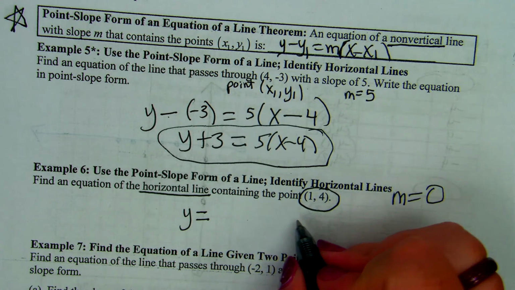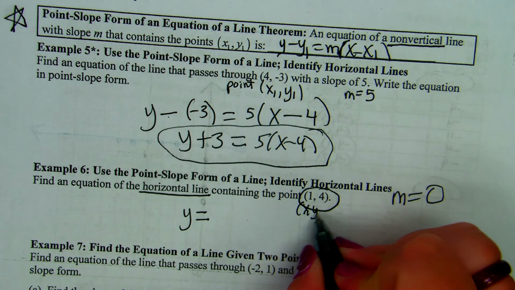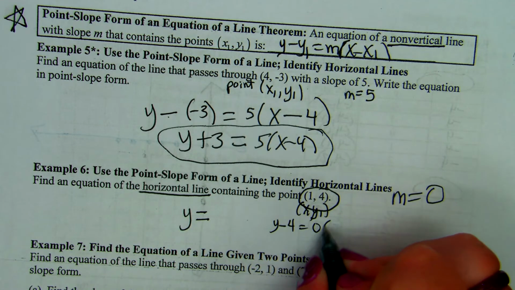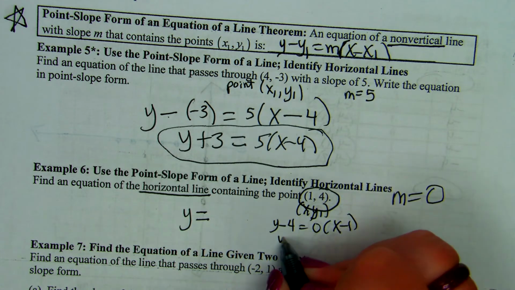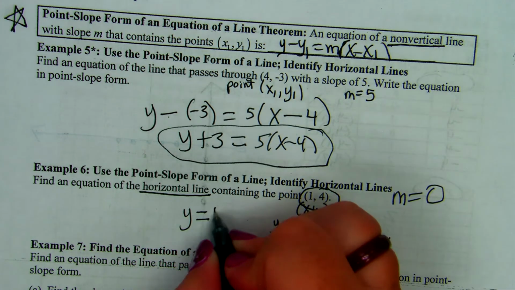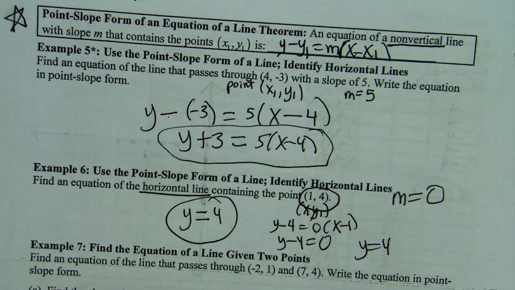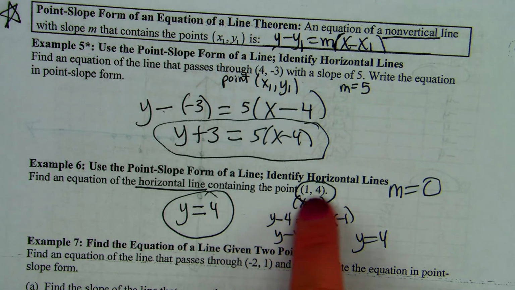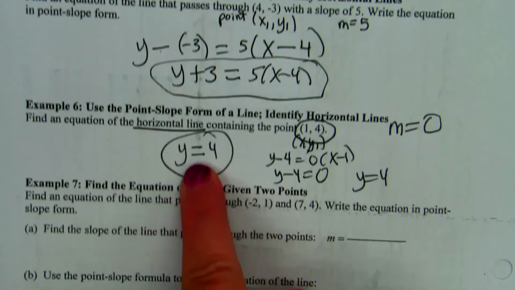So let's do that, x1, y1. You do y minus 4 equals 0 times x minus 1. y minus 4 equals 0. y equals 4. If you can remember that y equals is horizontal, which one's the y? The 4 is, so it's just y equals 4.